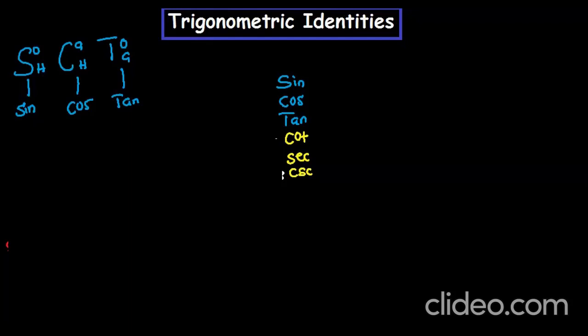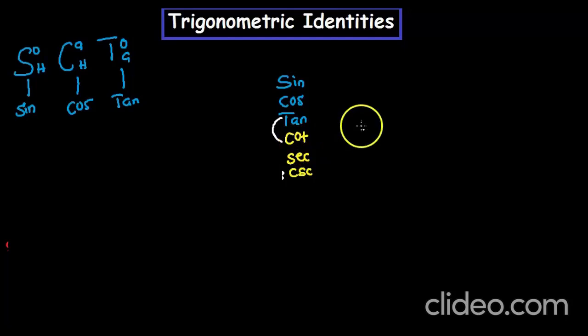But in this case, we're trying to focus on the reciprocal. So if this is tan and we let it be number 1, the reciprocal, like the opposite, is cot. If we take tan to be first, cot is going to be the first one opposite to it.